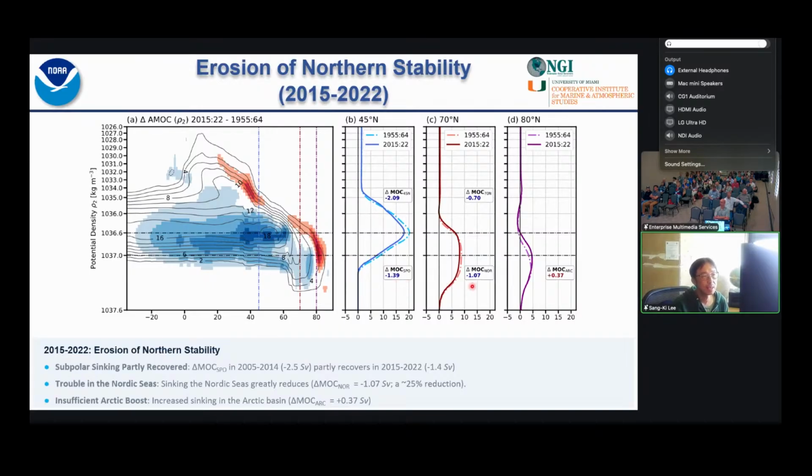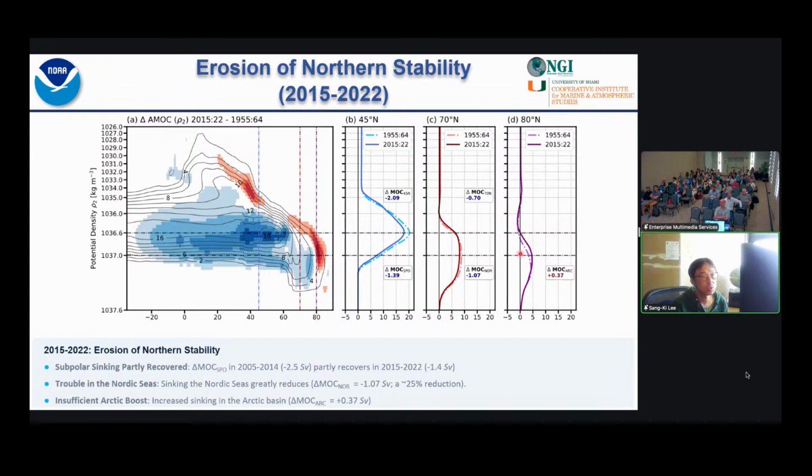However, the sinking in the Nordic Sea reduced by more than 1 Sverdrup. And if you remember the total sinking in the Nordic Sea, we're talking about a little more than 4 Sverdrup. So this accounts for like a 25% reduction from the baseline. So that's a lot for this region.